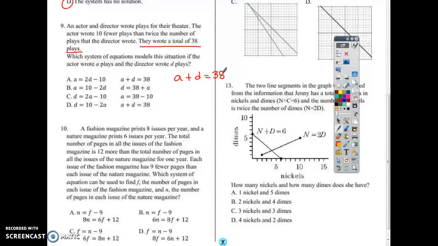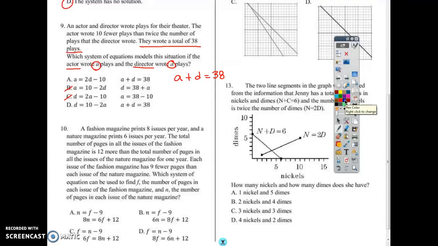A total of 38 plays. Okay, and I know that it's A's and D's because it says right here, A is the actors and D is the directors. So I can eliminate some answers. I can eliminate B and C. Okay, so that leaves me with 2 answer choices.